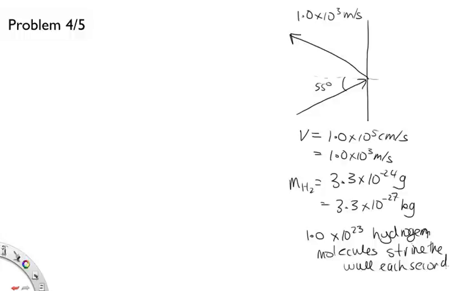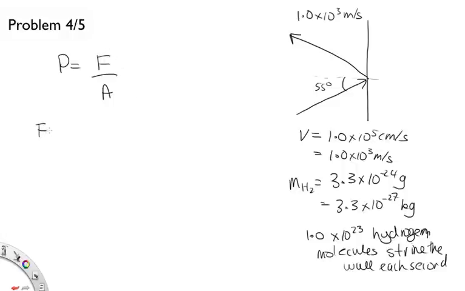And the question asks us to find the pressure that they exert on the wall. Okay, so pressure is equal to force over the area. So we're told in the question that the area of the wall is 2 centimeters squared. So what we need to do is work out this force.